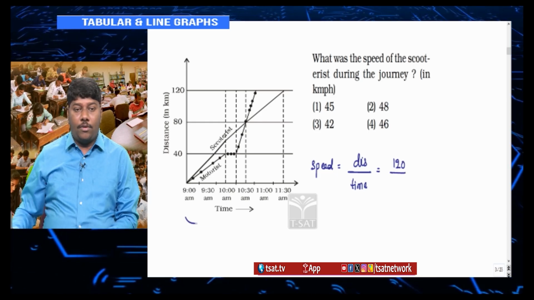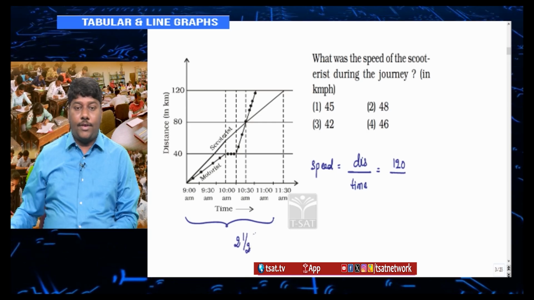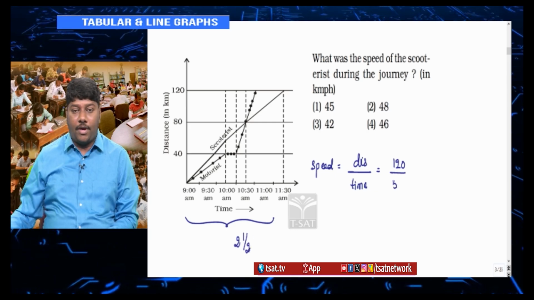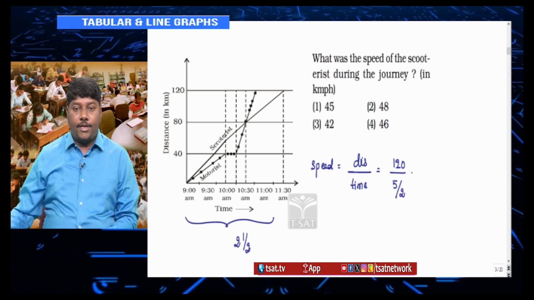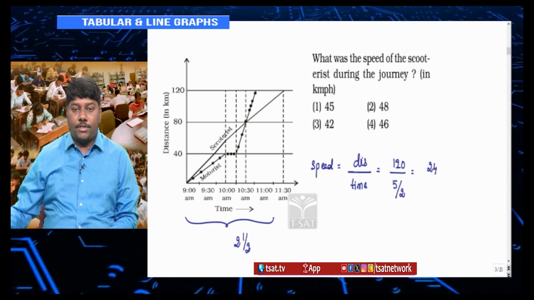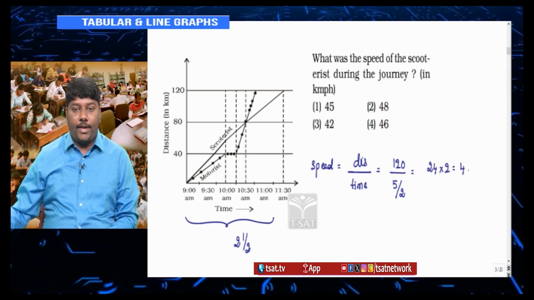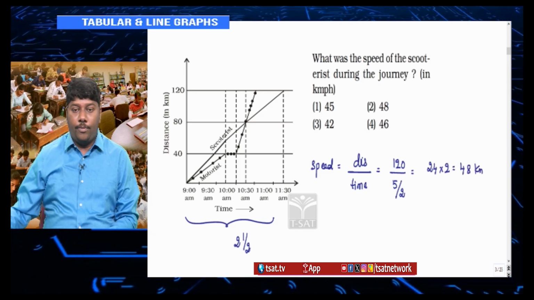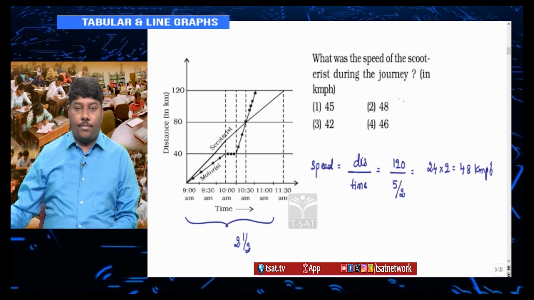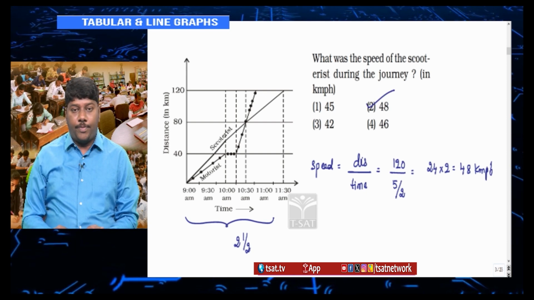And how much time did the scooterist take? It's 2.5 hours, which I would say is 5 by 2 hours. In the numerator it is kilometers, in the denominator it is hours. So 24, 5, 24 is 120 into 2. Therefore I would say 48 kmph, kilometers per hour. So 48 kilometers per hour is the speed.